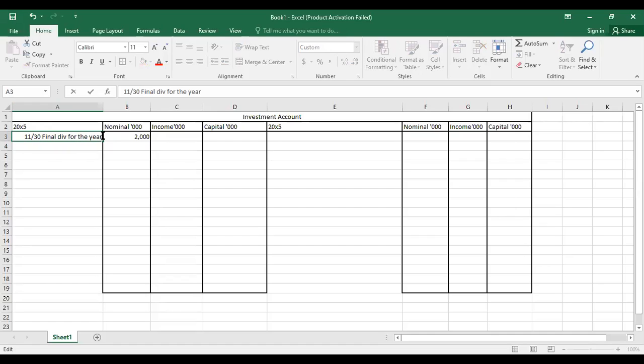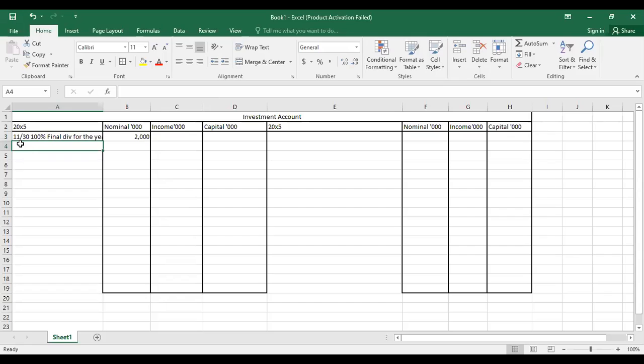So to know the amount that is payable, we are going to add the interim. So I can call this 100%, clear, 100% final dividend for the year.